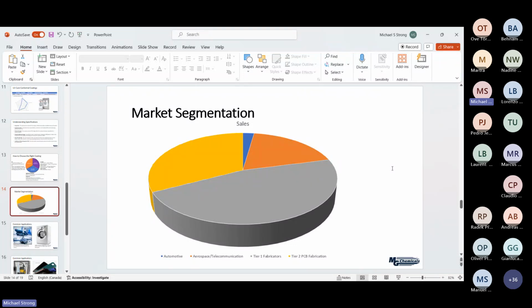So it's a little difficult for us to say necessarily when you're dealing with the tier 1 and tier 2 suppliers, exactly who they're supplying into. Another big one is the aerospace and telecommunications. So that's just sort of a standalone slide, but basically you're dealing mostly with the tier 1 and tier 2 suppliers.